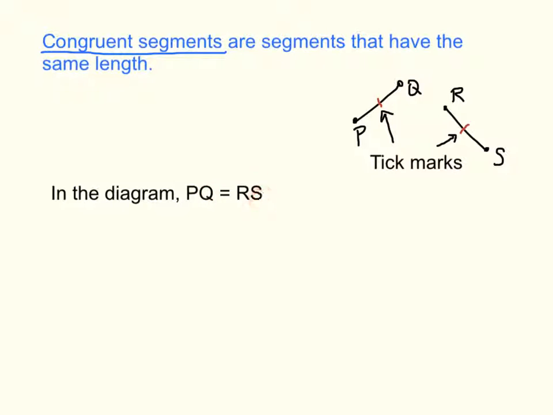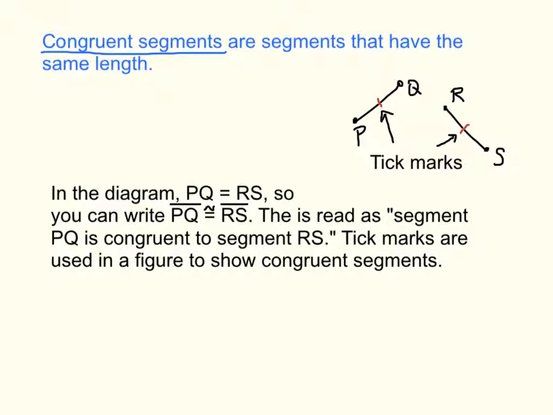PQ is equal to RS. That means that the distance from P to Q is equal to the distance from R to S. So then we can also write that as segment PQ is congruent to segment RS. So this is read as segment PQ is congruent to segment RS.